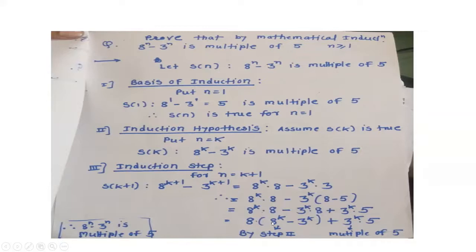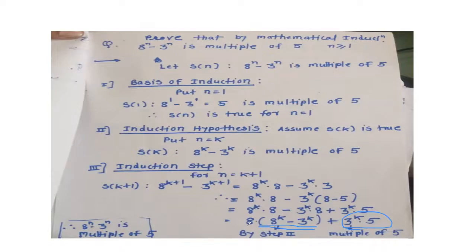Here 8 becomes common. So 8 into 8 raised to k minus 3 raised to k, plus 3 raised to k into 5. The last term is a multiple of 5. Then the first term, by your second step, the induction hypothesis, 8 raised to k minus 3 raised to k is a multiple of 5.